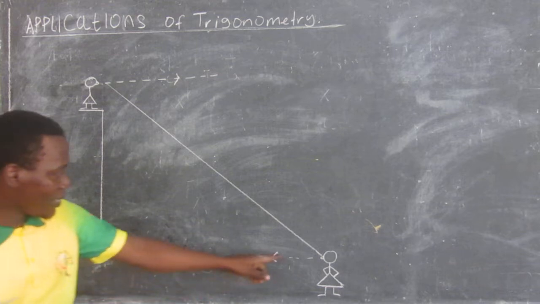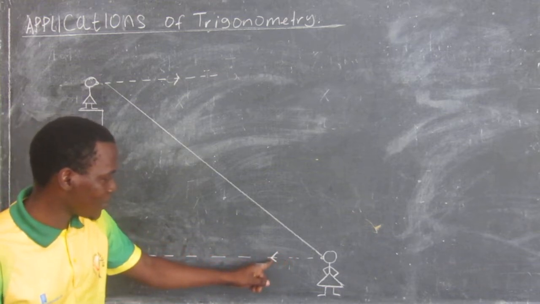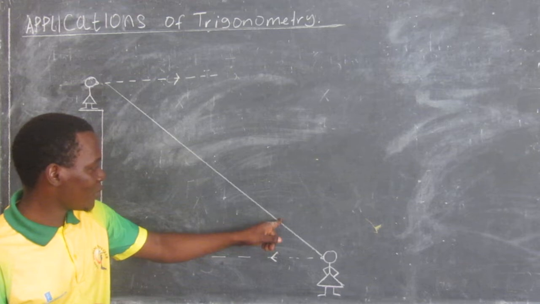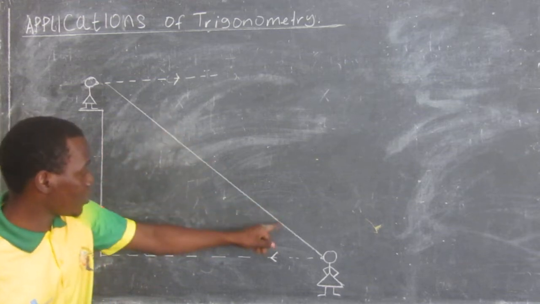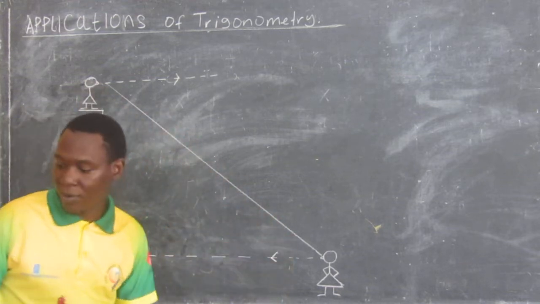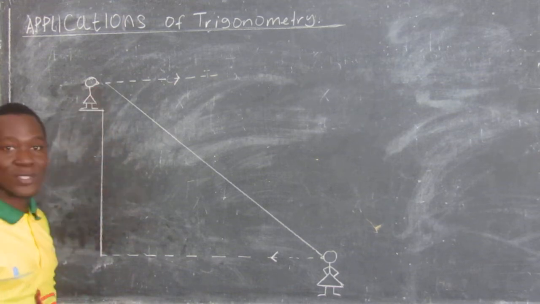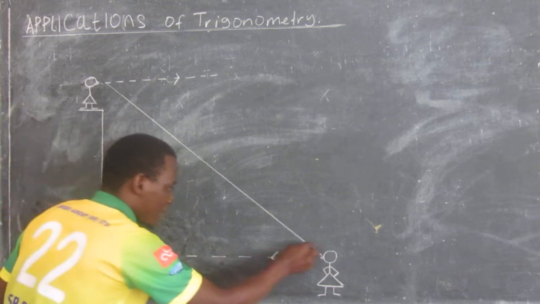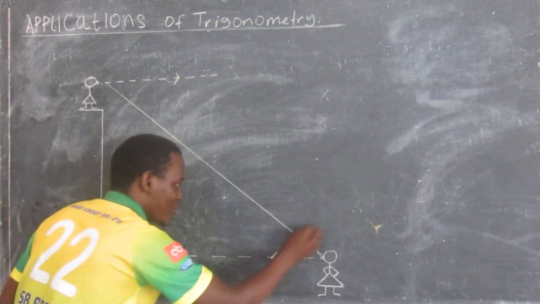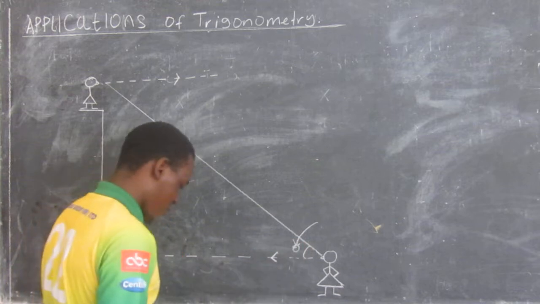This angle here, where she moves her eyes from the horizontal to the point where she wants to go, we shall call the angle of elevation.